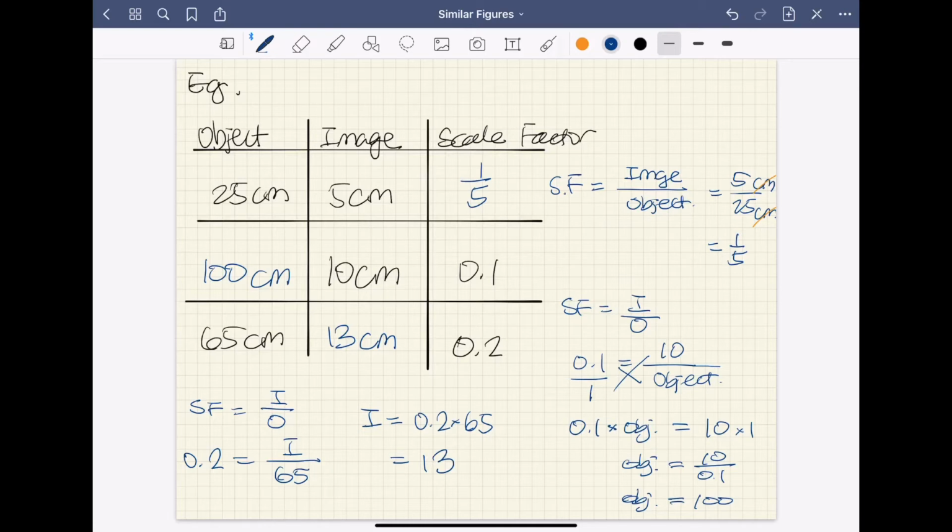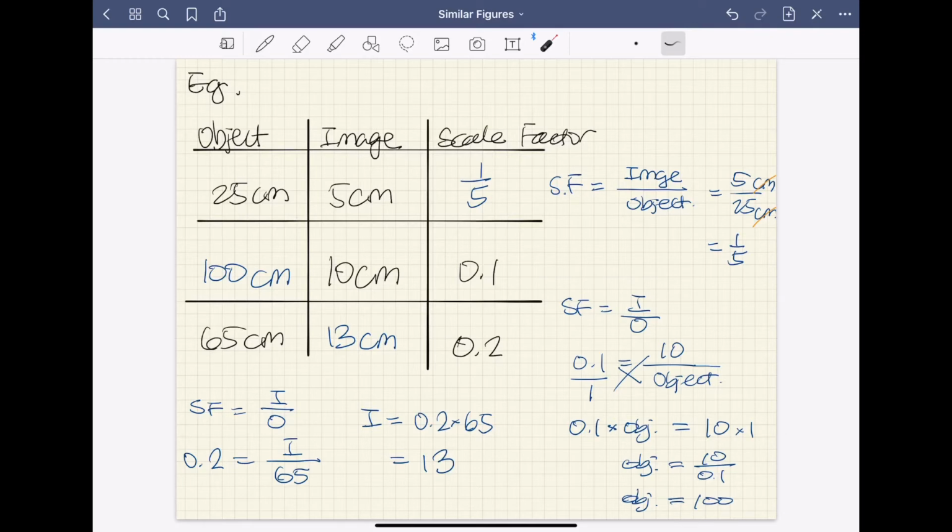And let's see if these make sense. For the first row here, the object is 25, image is 5, so we know it's a reduction. And the scale factor here, 1/5, which is 0.2, is between 0 and 1. So this one makes sense. What about the second one?